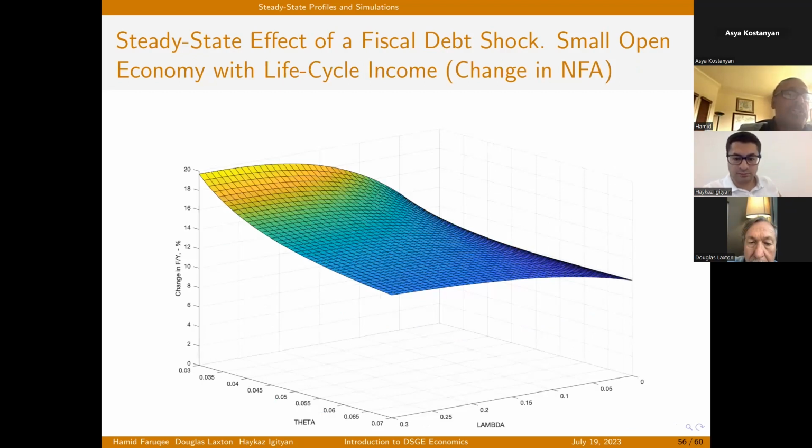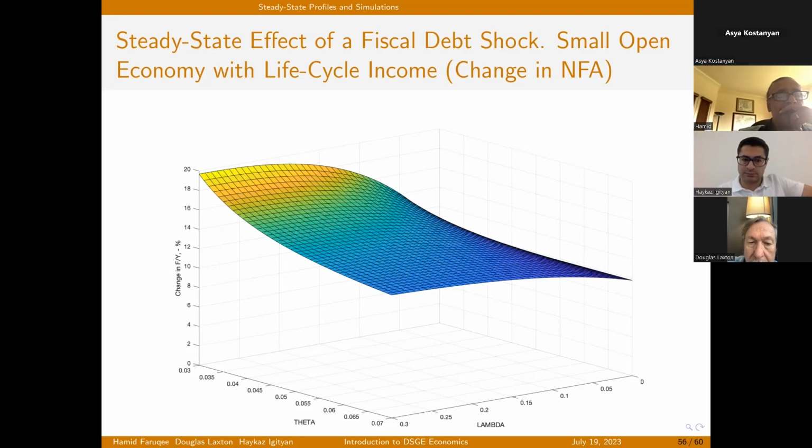And you get even larger effects in the life cycle case. You can see here the steady state effects of a fiscal debt shock when you add life cycle income. And again, most of the action is coming through the stock of human wealth.